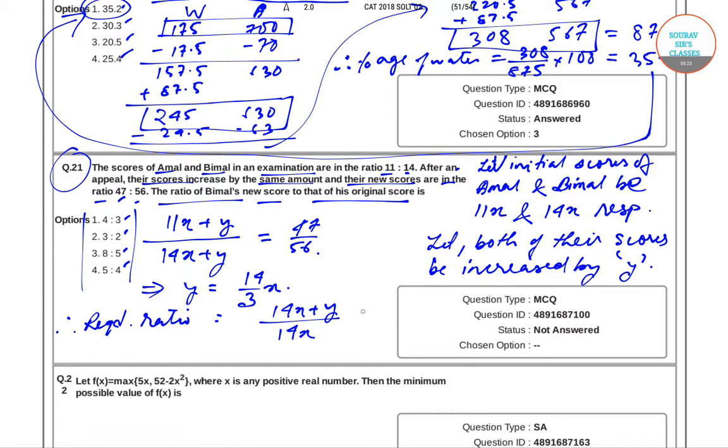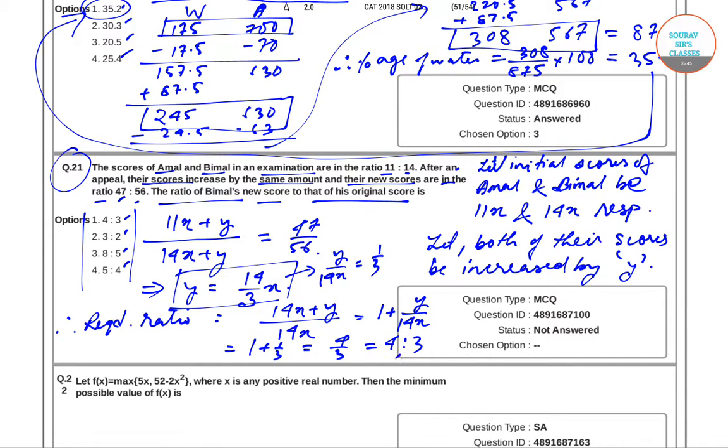So this comes down to 1 plus y by 14x, and from this you can see that y by 14x is equal to 1 by 3. So this would be 1 plus 1 by 3, which is 4 by 3, which you can write as 4:3, and this is nothing but option 1. So option 1 is the correct option.